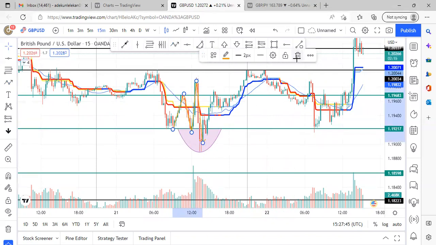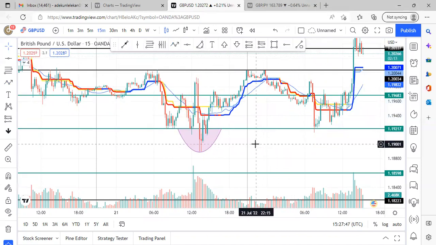What you need to understand is that as a newbie, I see that most newbies enter the market because they see a breakout in the market. So you need to understand what a fake out is and what is not a fake out, right?